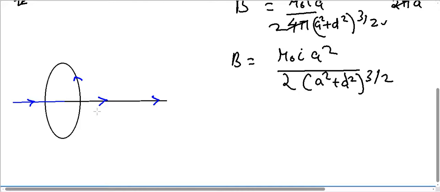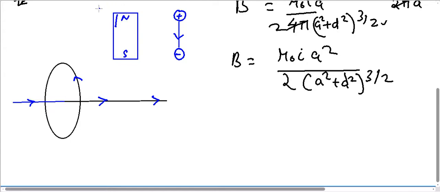Now it is behaving as if it is a dipole. You remember, like in an electric dipole, if I have a plus sign and a minus sign, then along the axis the electric field is a straight line. Similarly, if I have a magnet, this is north pole, this is south pole.